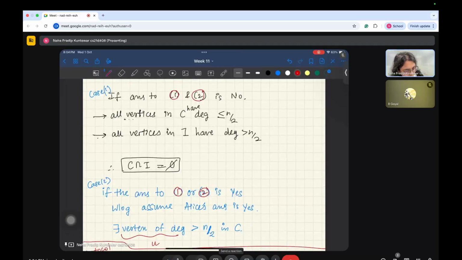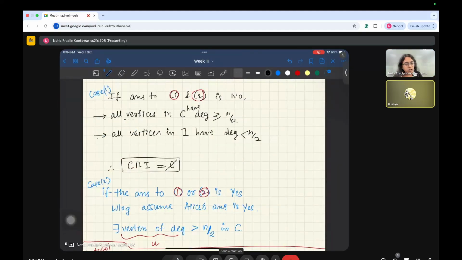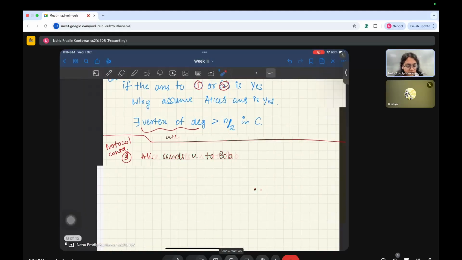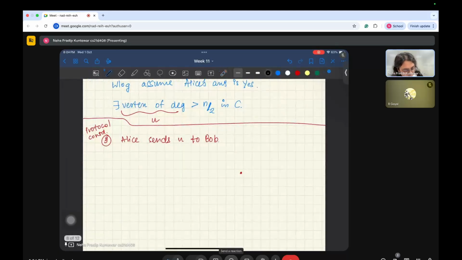That will change the analysis here, so this becomes greater than or equal to and less than. Now this makes sense. Anyway, let's go ahead with this. So there's a vertex of degree less than n by 2 in C, and let's say Alice communicates that to Bob.